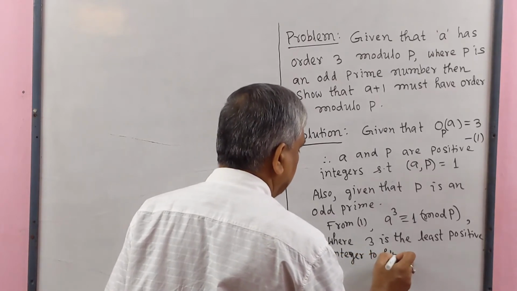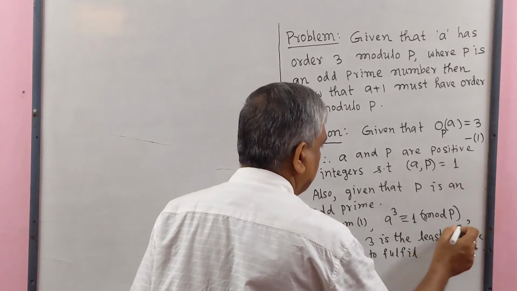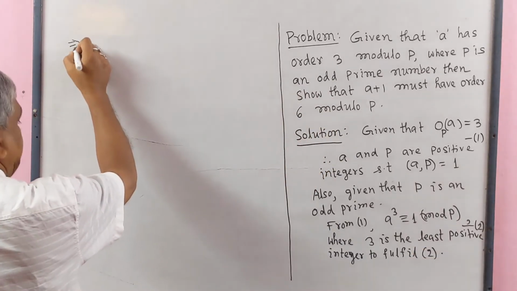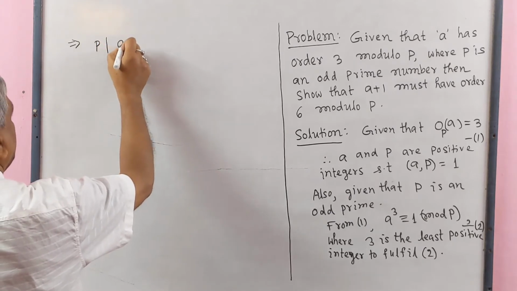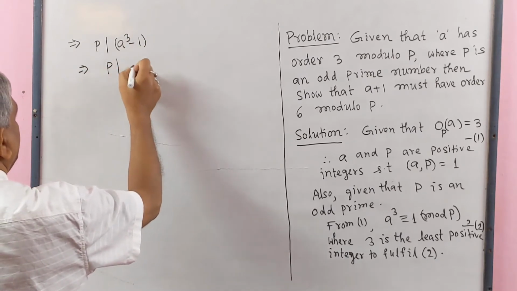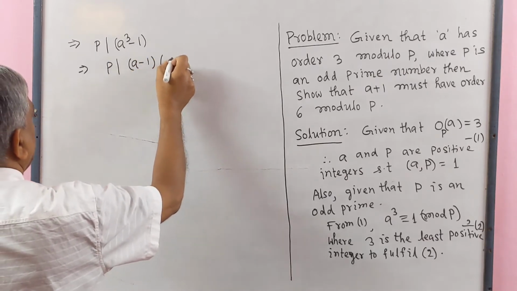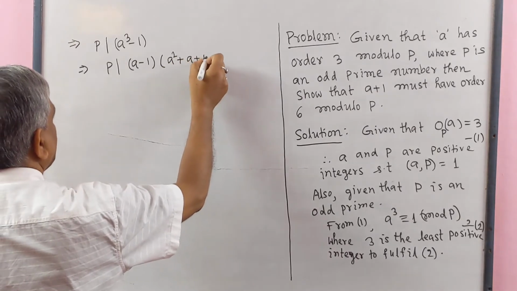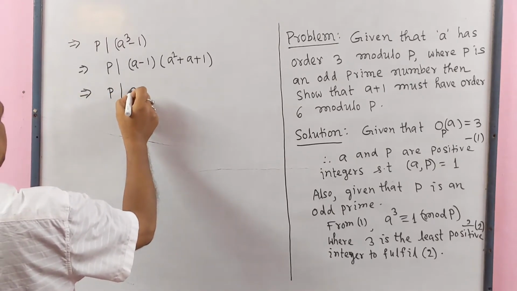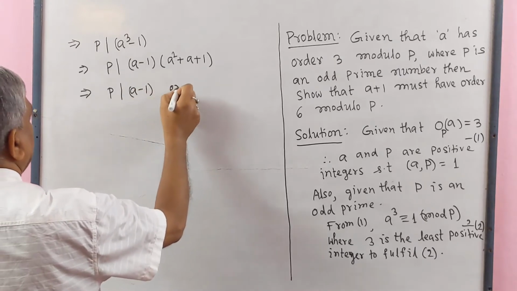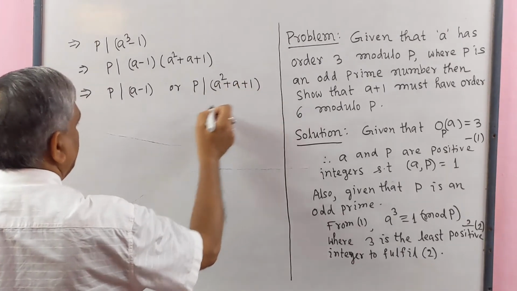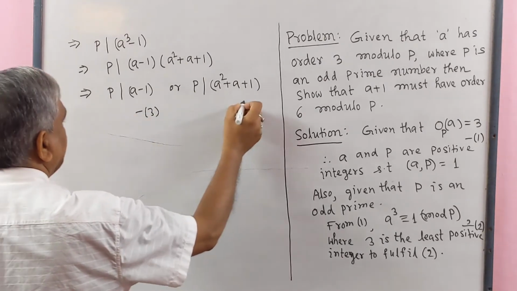To fulfill this, it implies that p divides a cube minus 1, implies that p divides a minus 1 times a square plus a plus 1, implies that p divides a minus 1 or p divides a square plus a plus 1. Let this be number 3 and this be number 4.